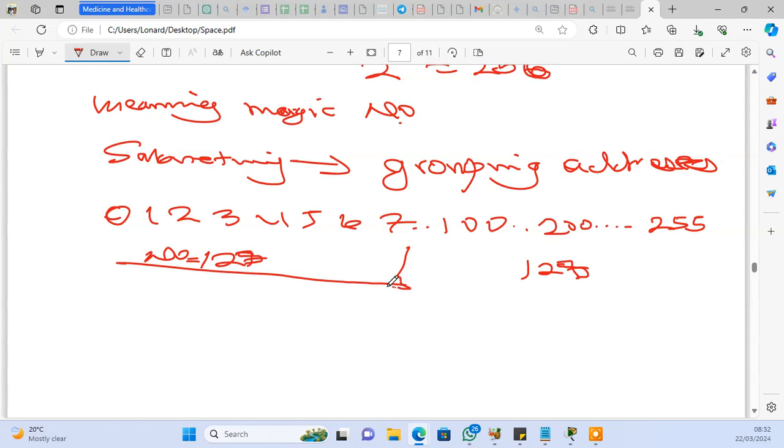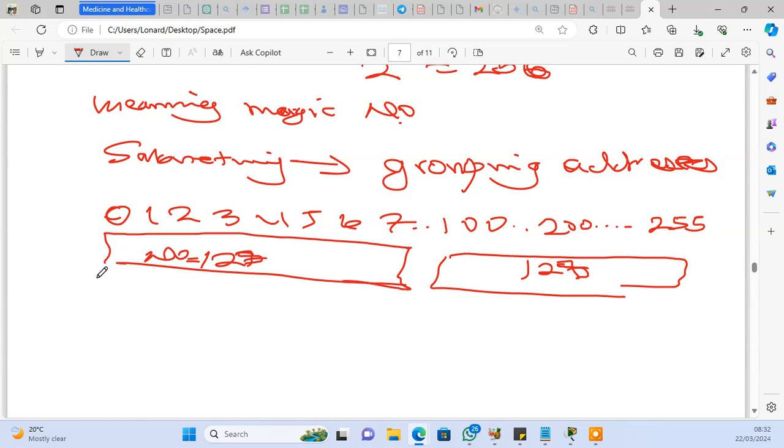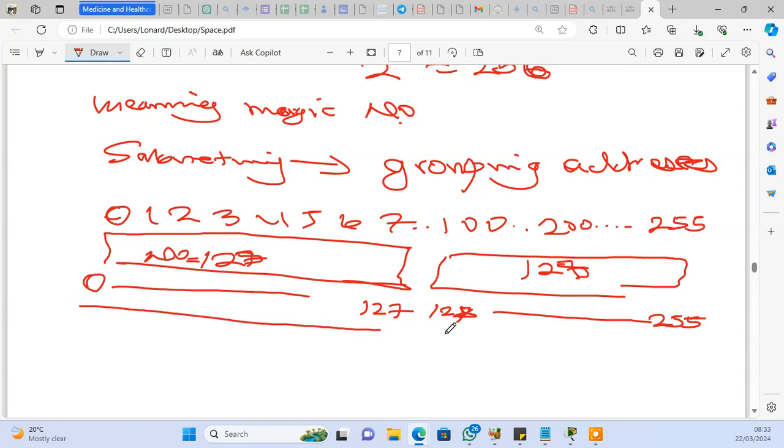In this first group and then the second, the first ranges from 0 up to 127. And the other one is a continuation from 128 up to 255. That is subnetting.